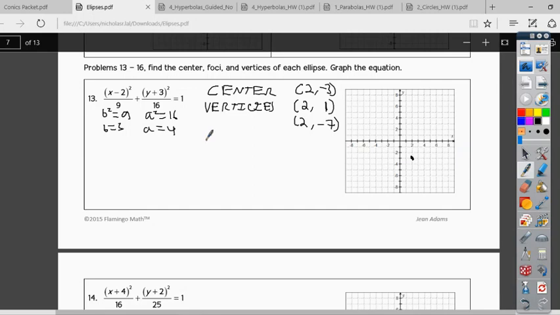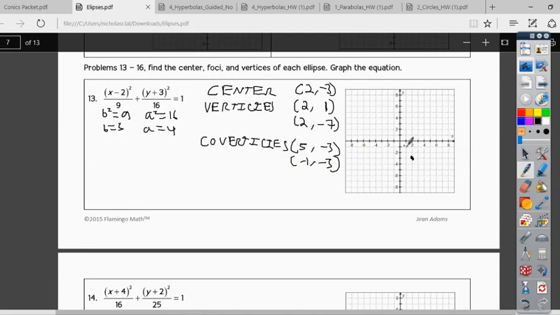And you're going to have co-vertices. This time the horizontal term is moving. 2 plus 3 is at 5, negative 3, and negative 1, negative 3.